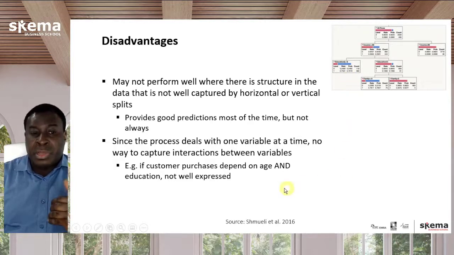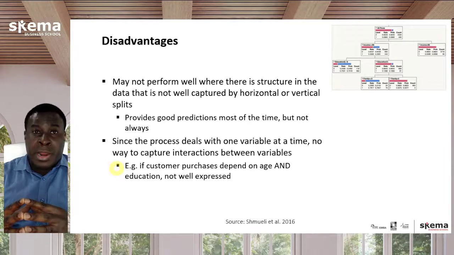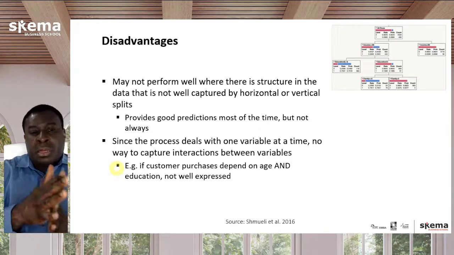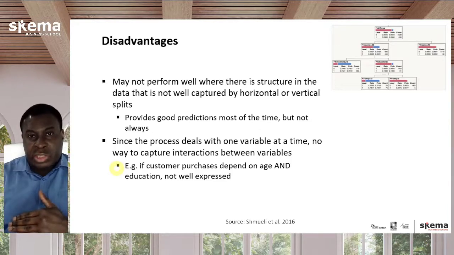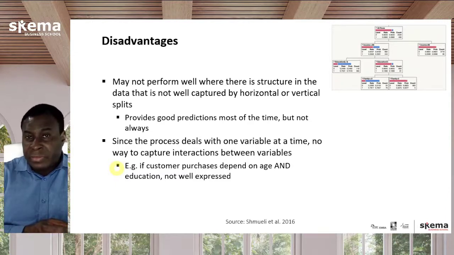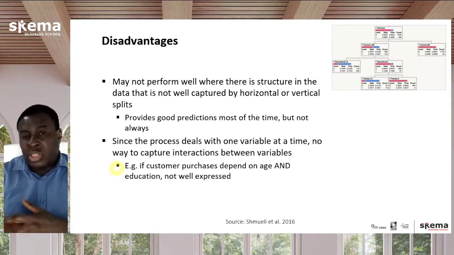So for example, if customer purchases depend both on their age and their level of education, and this might be the case where perhaps people with higher income and higher education have one outcome, but people with lower income and lower education have a different outcome from people only with higher education or people only with lower education.